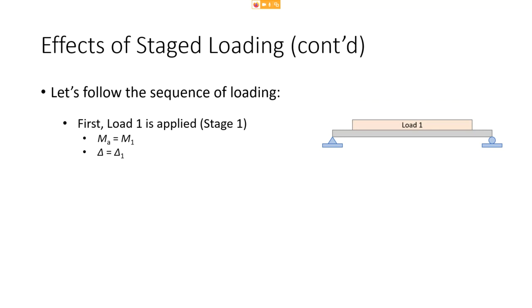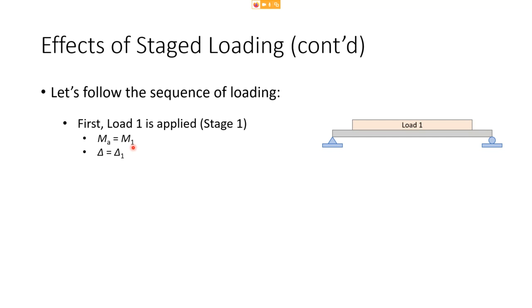So the first thing the beam sees is load 1. So the applied moment, look over here on the left, you can see the calculation that I'm going with. The applied moment would be the moment from the first load, and the deflection would be the deflection from the application of the first load.